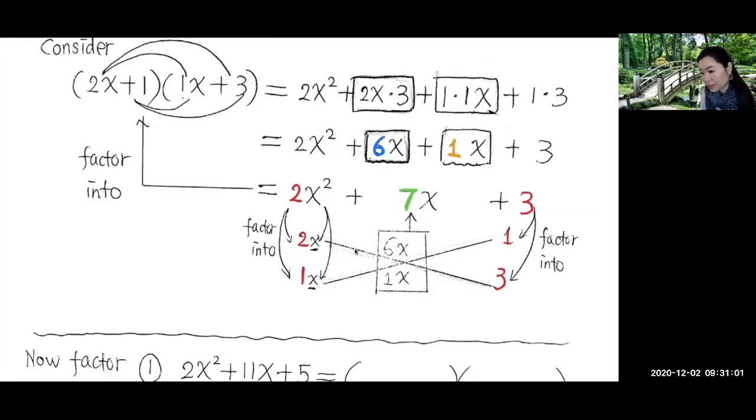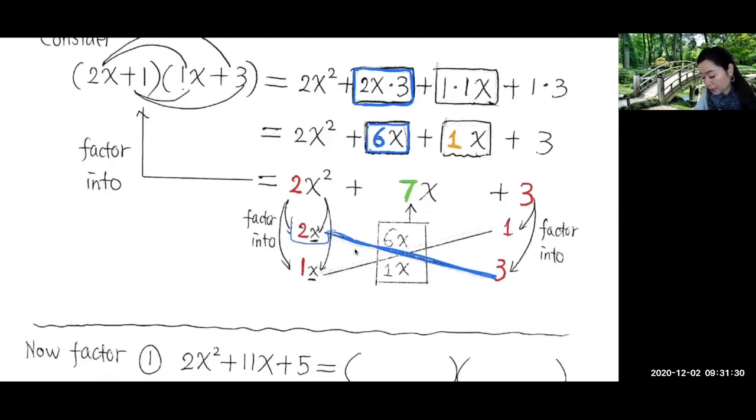So where does this 6x come from? This 6x comes from 2x times 3. So this one times this gives you this.